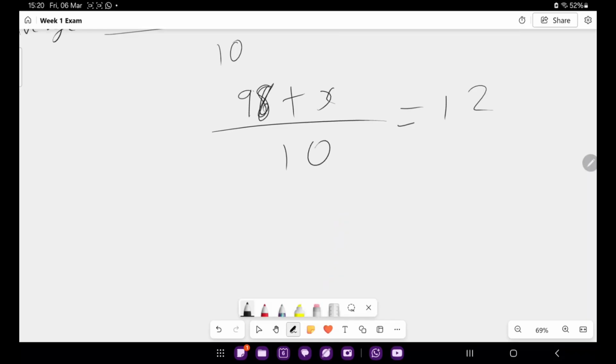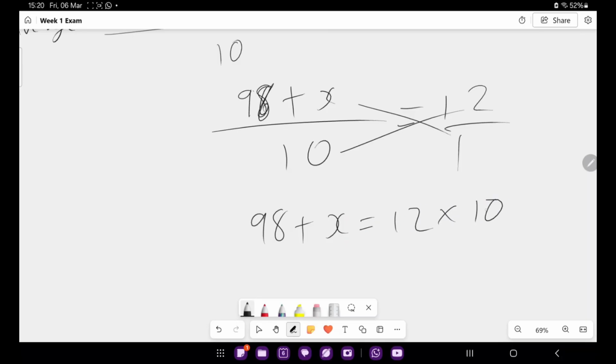Okay, so now we say 12 over 1, cross multiply, we get 120 that side. 98 plus x is equal to 12 times 10. These ones times 1, yeah. So we still get 98 plus x is equal to 120.